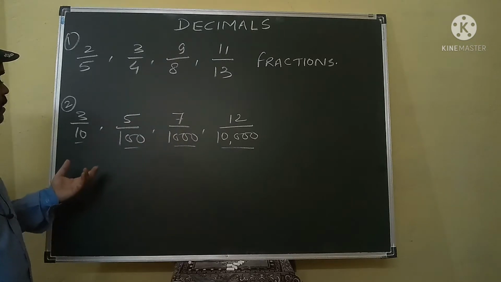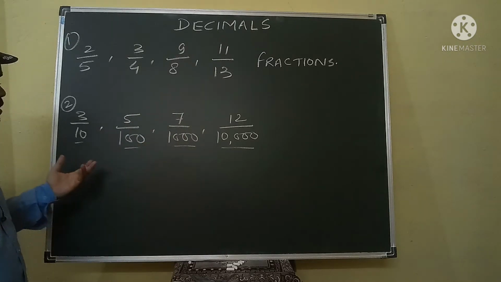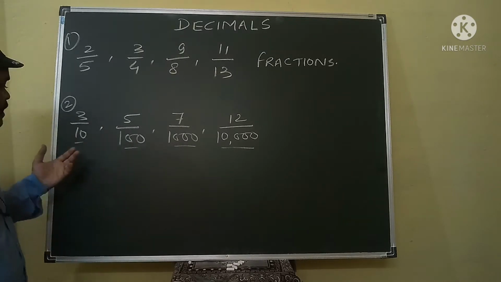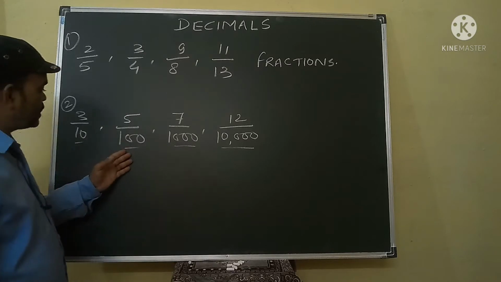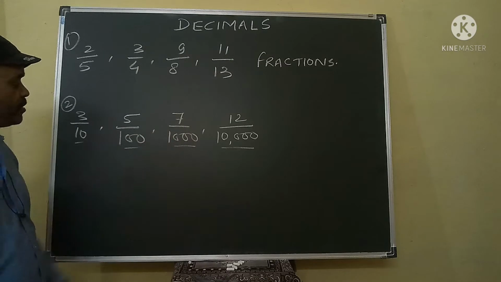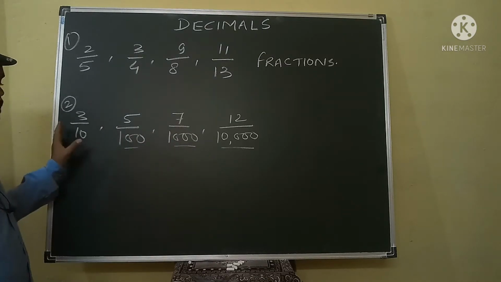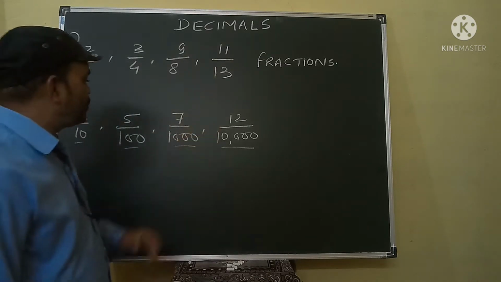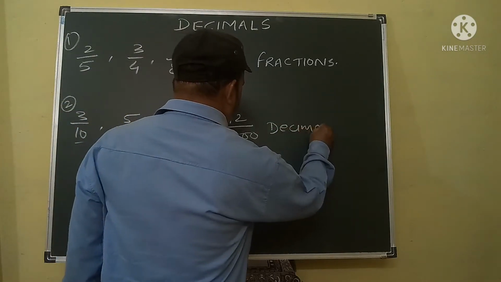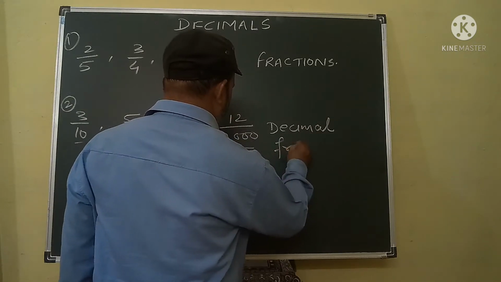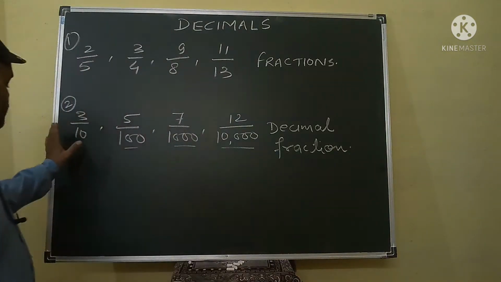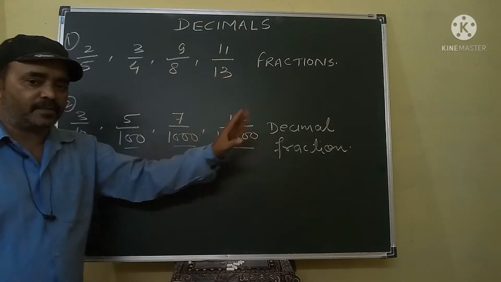But if in any fraction the denominator is 10, 100, 1000, 10,000 and so on, then these types of fractions are called decimal fractions.